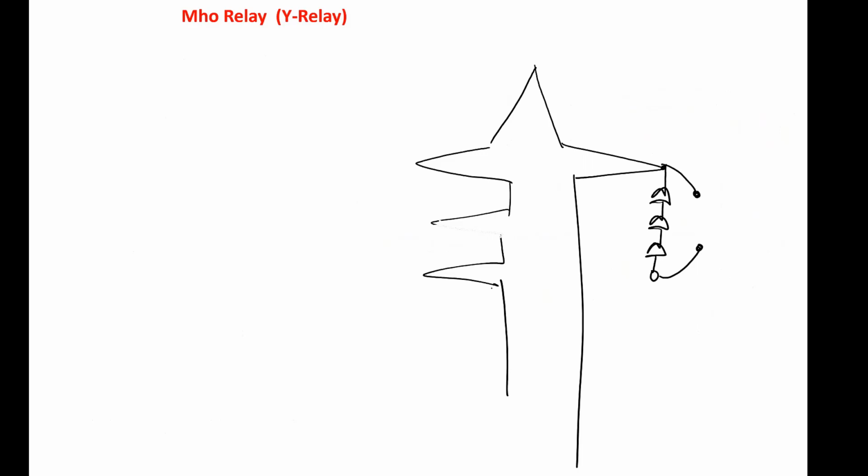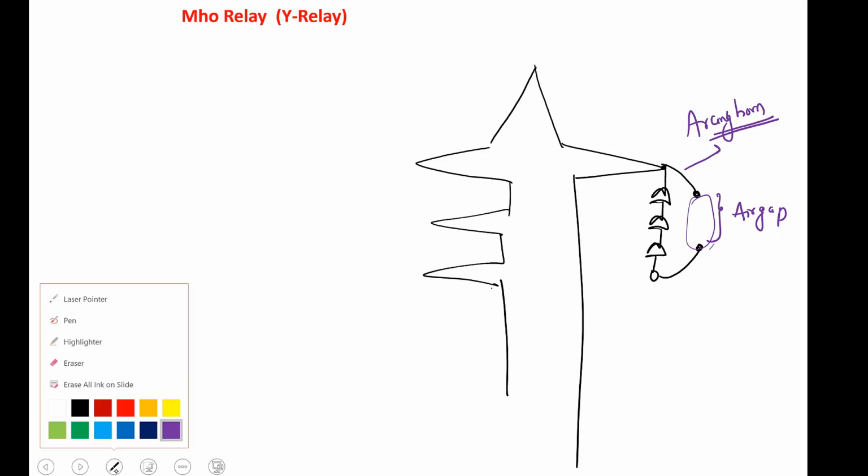To protect this insulator string from any transient voltages, we leave an air gap. This structure is called arcing horns or horn gap. So whenever a sudden overvoltage occurs because of some transient, since the dielectric strength of air is less when compared to the porcelain insulators, the arc will strike between these two.